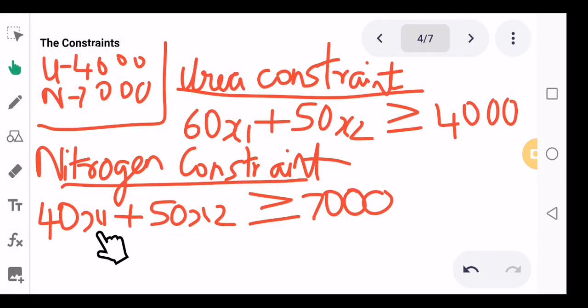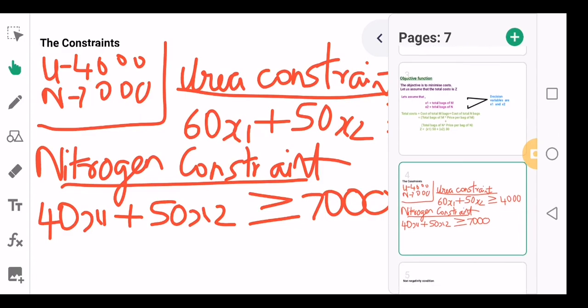So 40x1 is the total nitrogen from M, and 50x2 is the total nitrogen from N, for the x2 bags of mixture N purchased. That's how this is formed. This is the urea constraint, this is your nitrogen constraint.